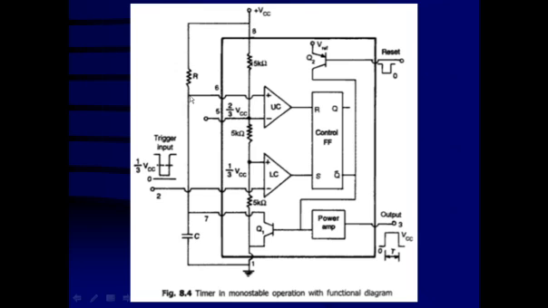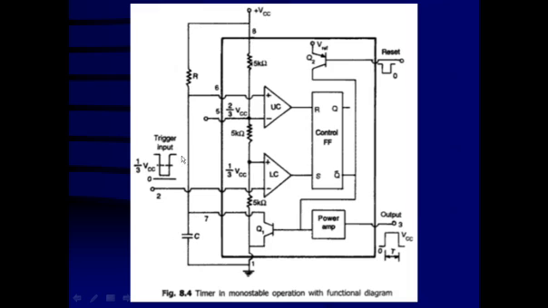So this way, if the external circuit is connected, it is shown here. Normally this is your RS flip flop, this is the upper comparator, this is the lower comparator, and external components are connected. Pin number 7 is connected to the junction of R and C. RC is very important.